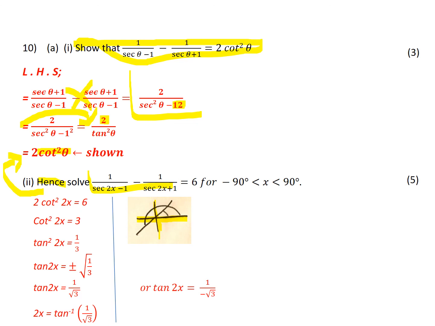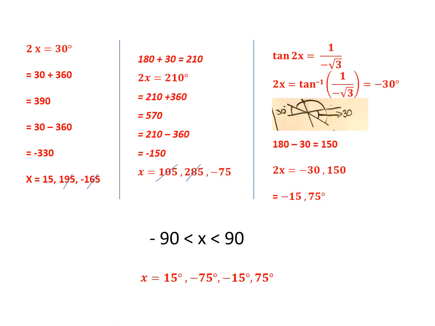We have to keep one thing in mind, that the limit is also shown, which is minus 90 to 90. So we cancel out every point that is above 90 or smaller than minus 90, finding which we will have our answer, as you can see over here.